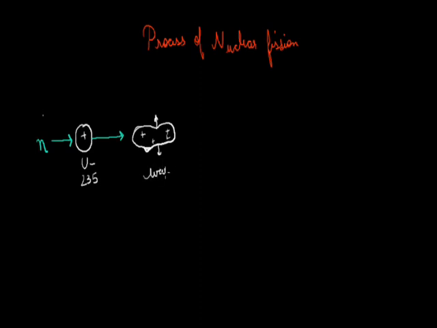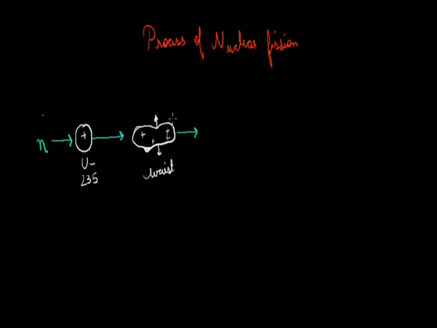In the middle part of the nucleus a bump is developed due to this neutron. Now, as it is bombarded, there is a sense of instability in it. This nucleus is not stable; it is in an unstable condition.